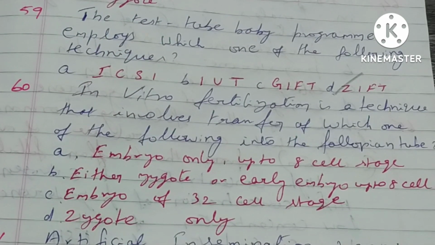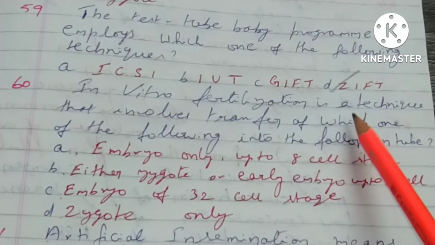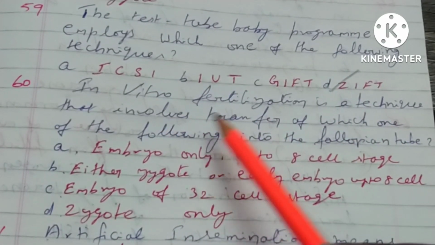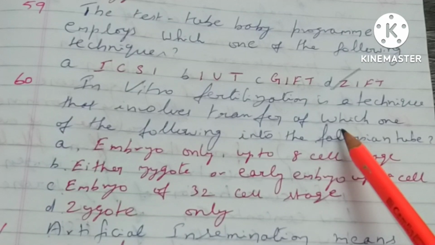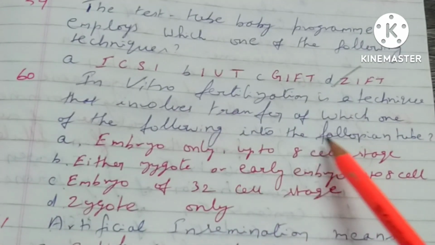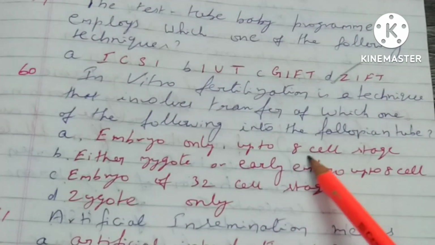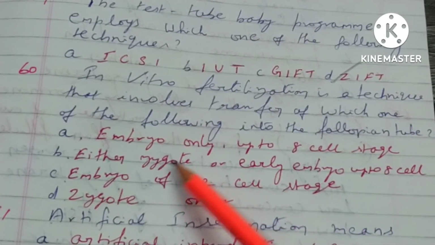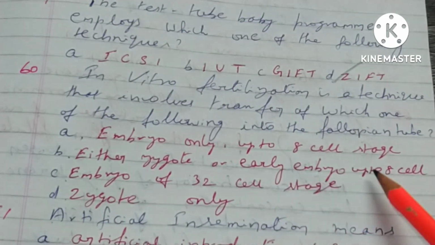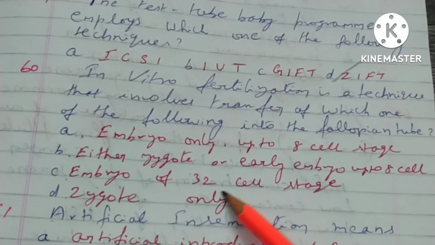Next question, in vitro fertilization is a technique that involves transfer of which one of the following into the fallopian tube? Option A, embryo only up to 8 cell stage. Option B, either zygote or early embryo up to 8 cell stage. Option C, embryo of 32 cell stage.